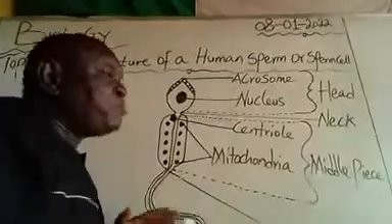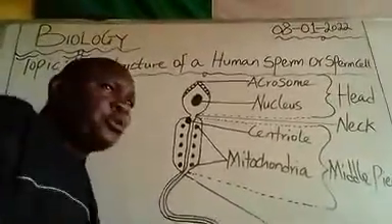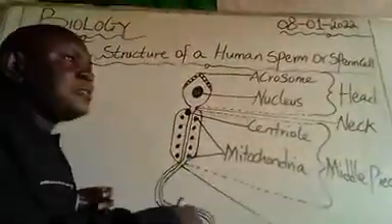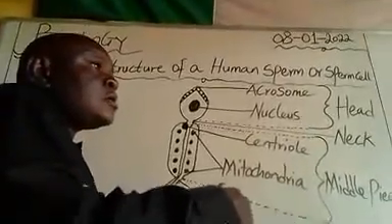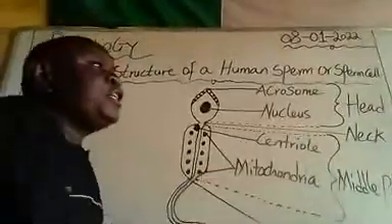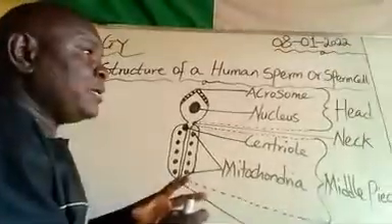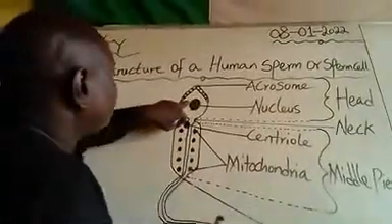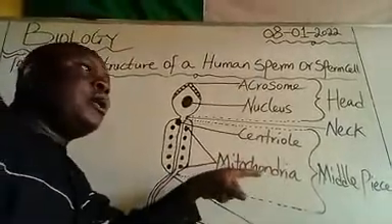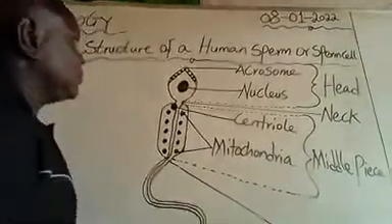Acrosome contains some enzymes or agents that help in dissolving the egg membrane. The enzymes will pave way for the sperm to penetrate into the egg.